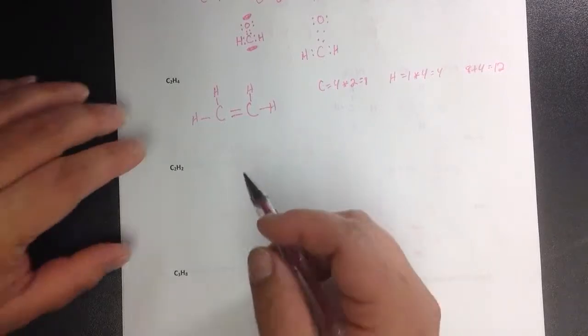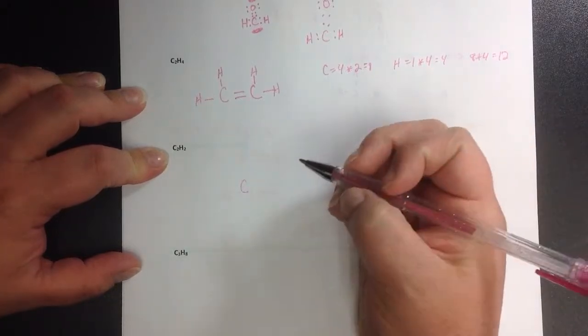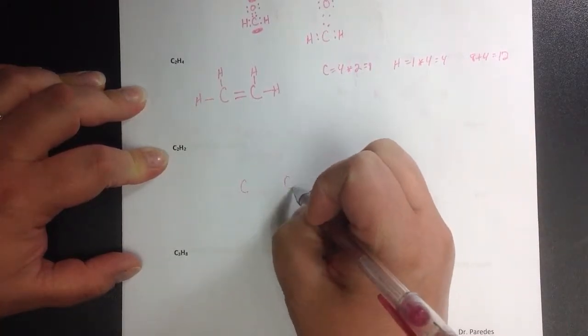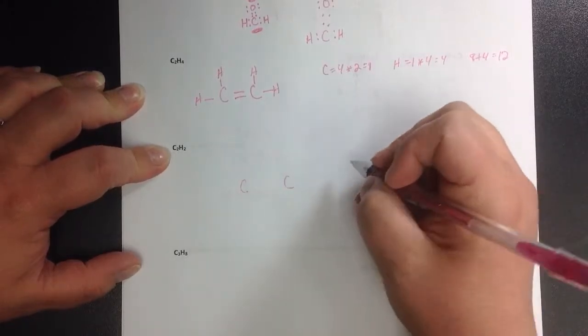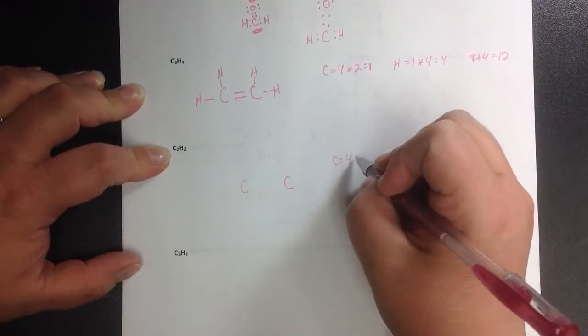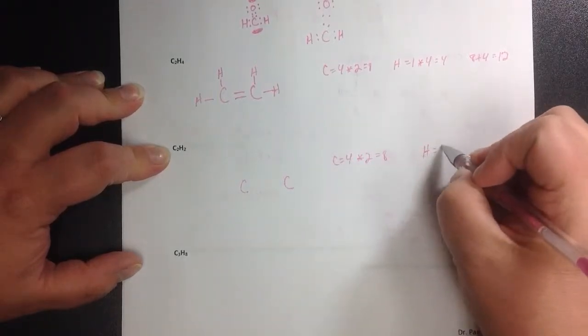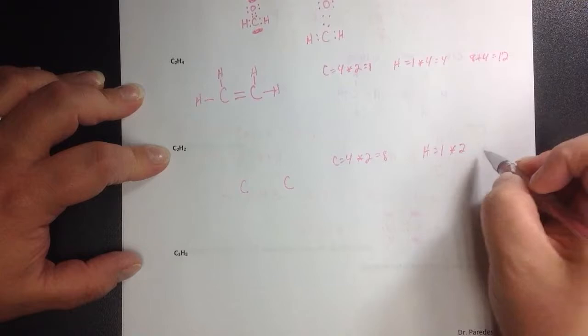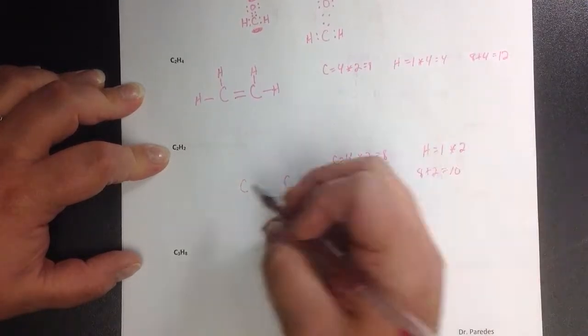Now, let's try the C2H2. In this case, we have a carbon here and a carbon here. The C has 4 valence electrons. There's 2 of them, that's equal to 8. And hydrogen has 1 valence electron. There's 2 of them. 8 plus 2 is 10 valence electrons.